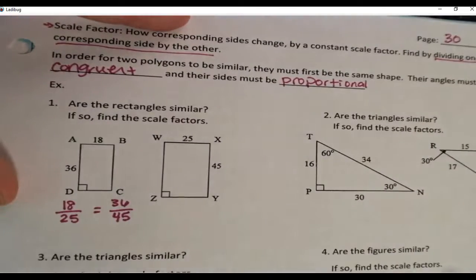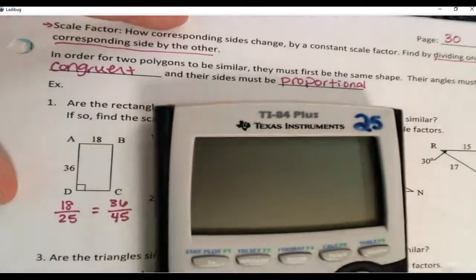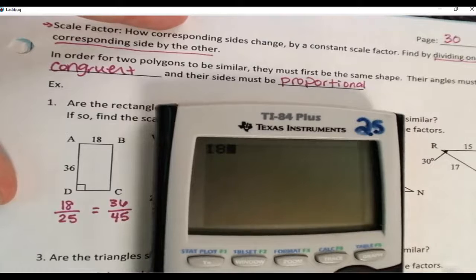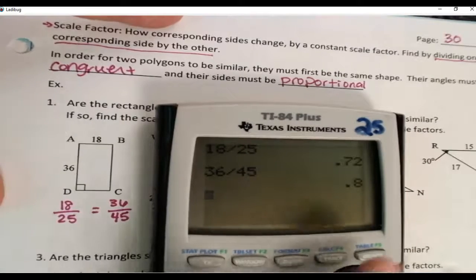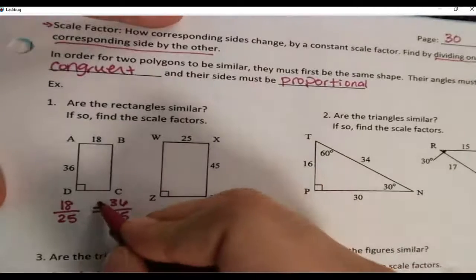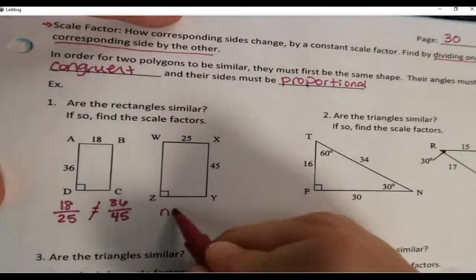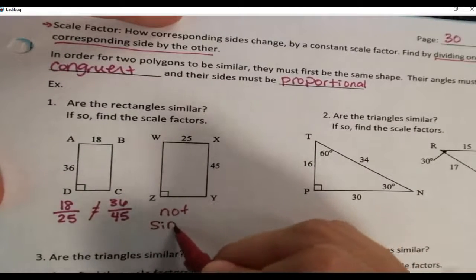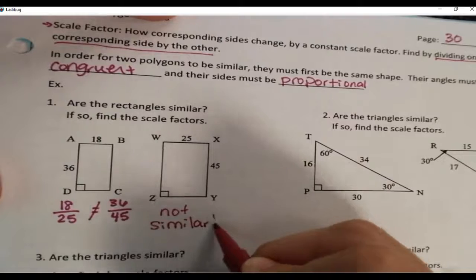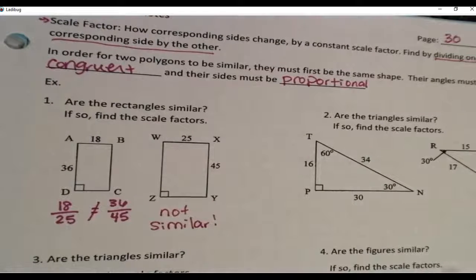We're going to see if they're the same. So to see if they're the same, we can just divide. So is 18 divided by 25, so 0.72, the same as 36 divided by 45? No. So these are not equal, so they're not similar. Good. Any questions on why it's no?